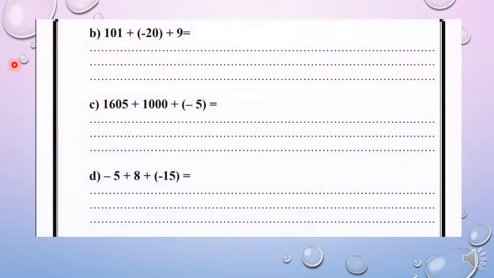We are in page 14, letter B. 101 plus negative 20 plus 9. First, let's check the units. Here we have 1, here we have 9. So we need to switch the places to have these two numbers beside each other. So equals 101 plus 9 plus negative 20.